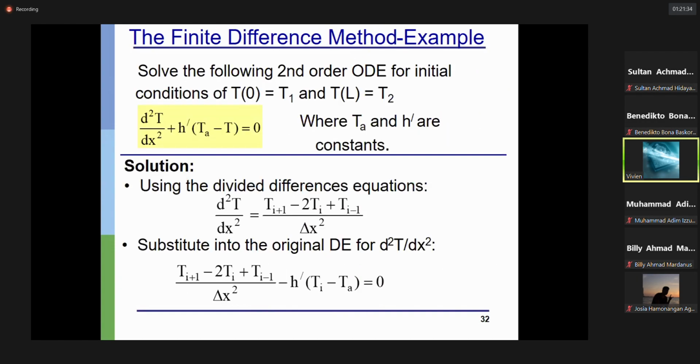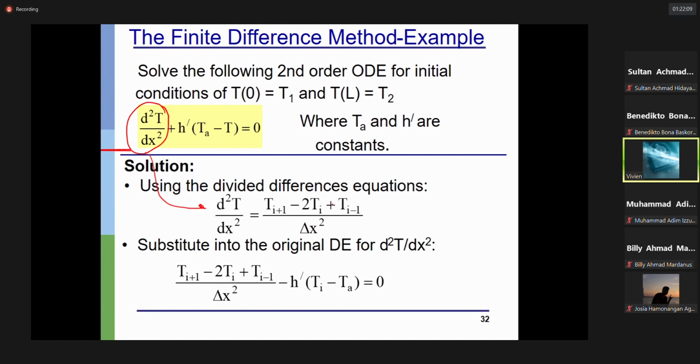Okay, so back again to our example, which is about 1D heat conduction, in which we have this equation. When we have a derivative, we will substitute that with central divided difference. In this case, this is a second derivative, so we will substitute that with the second derivative as this one: T i plus 1 minus 2 times T i plus T i minus 1, divided by delta x squared.